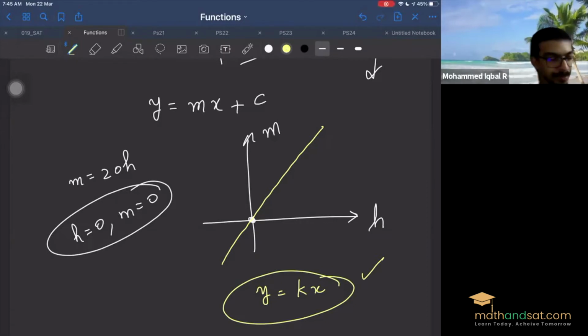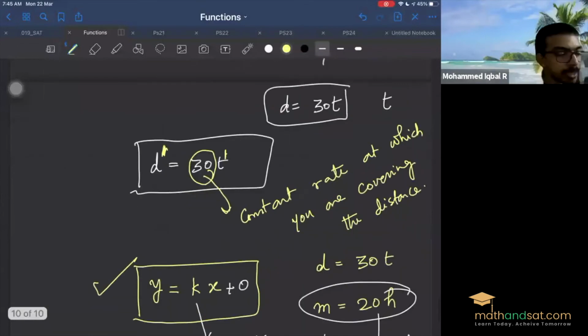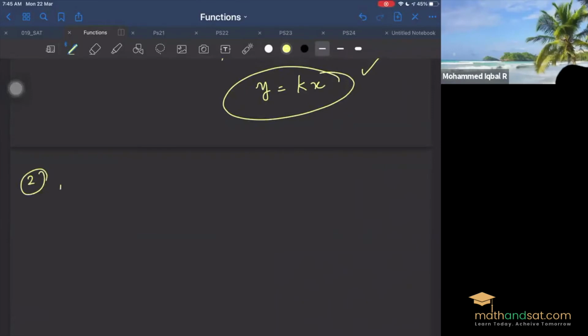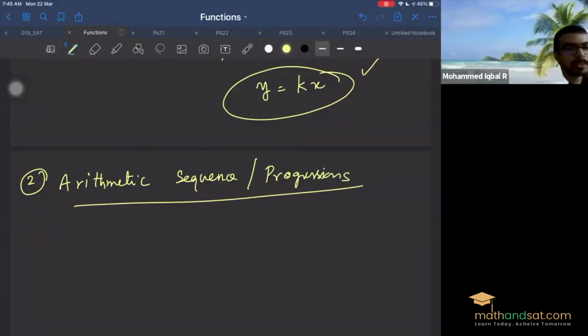All right? The second common example for a linear function is what we call an arithmetic sequence, or arithmetic progression. Have you seen arithmetic progressions in your 8th grade?